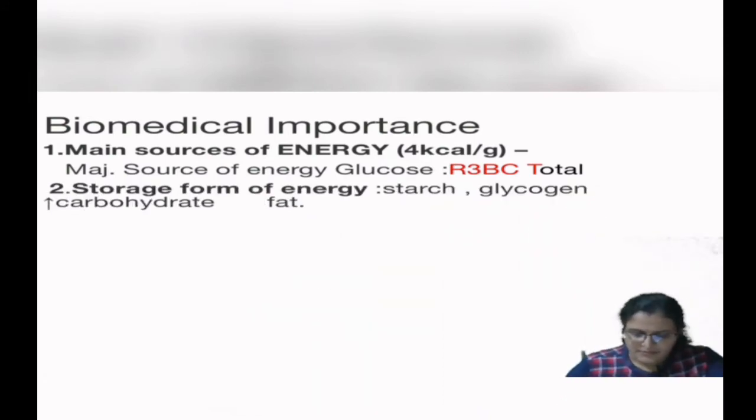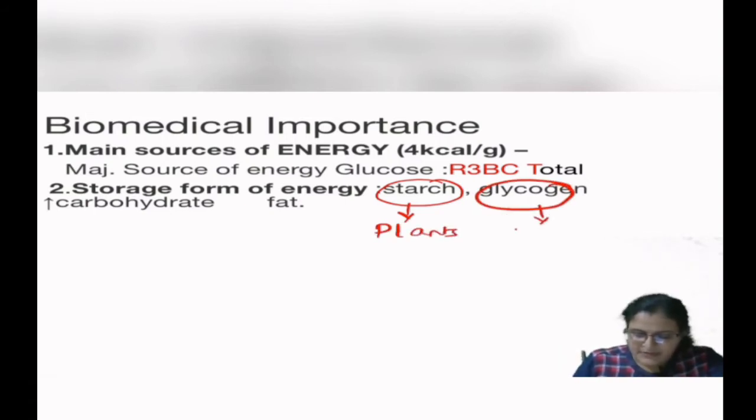Then coming to storage form of energy. As starch, it is a storage form of energy in plants, and as glycogen, it is the storage form of energy in animals. Then excess carbohydrate is converted to fat and stored in the body.